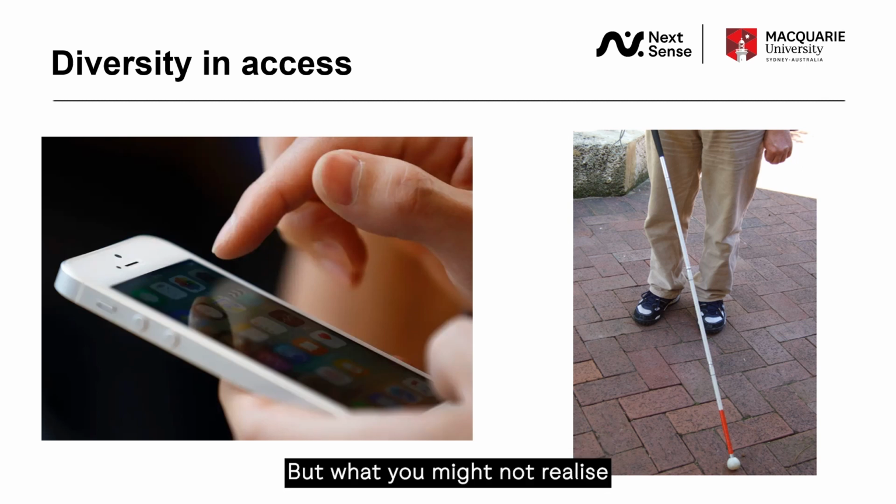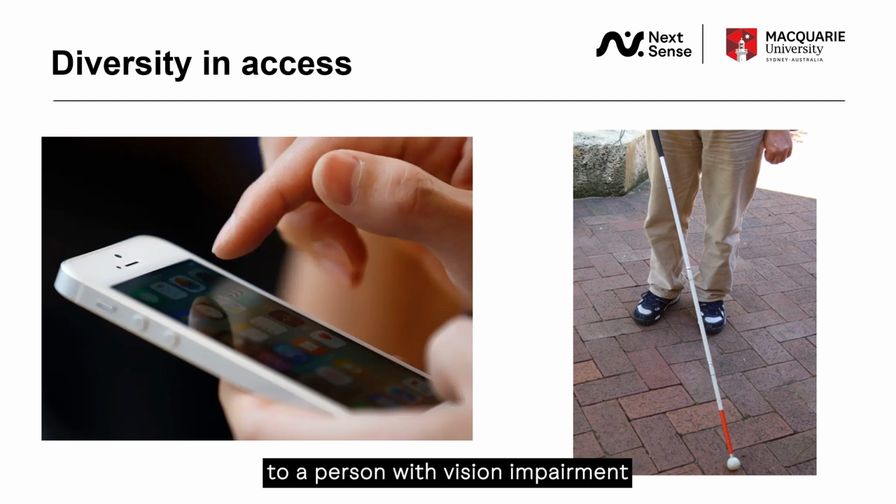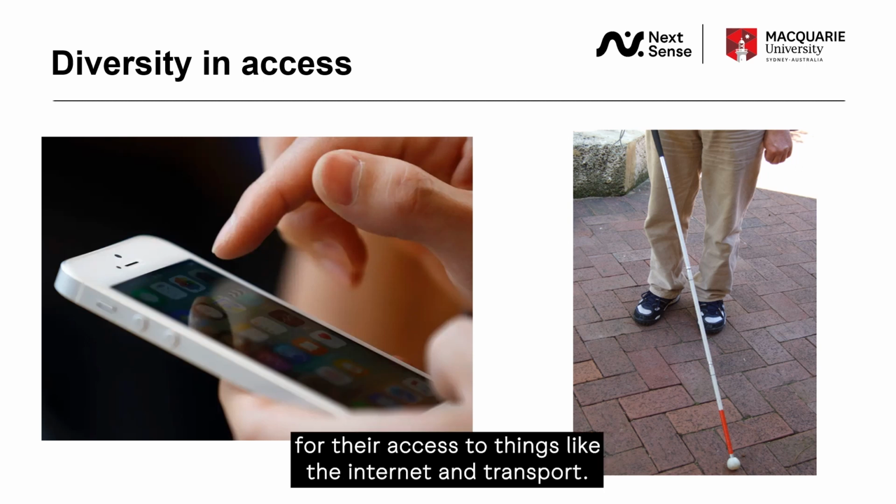But what you might not realize is that now technology provides people with multiple modes of access, and even something simple like an iPhone with a select group of apps can make a huge difference to a person with vision impairment for their access to their world, for their access to things like the internet and transport.